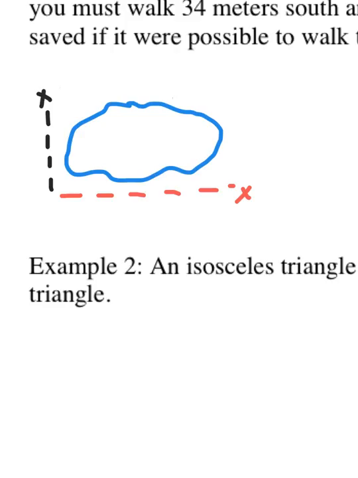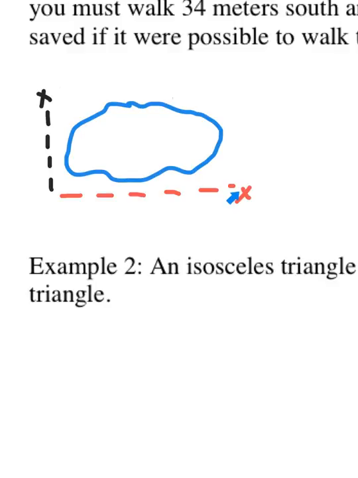All right, so here I've drawn a picture of our problem situation, and I'm beginning here at this point, and I want to go 34 meters south and 41 meters east to get to the other side of the pond.